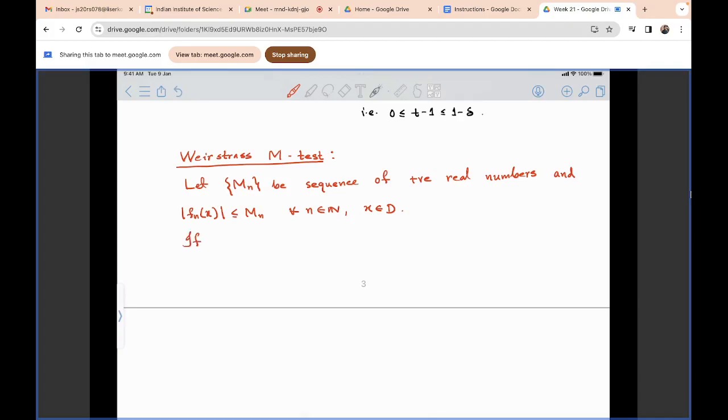If the series summation Mn is convergent, meaning finite, then summation fn x is uniformly convergent.